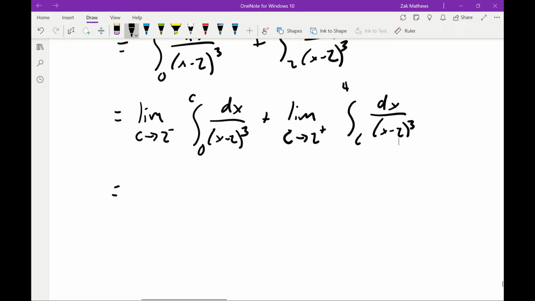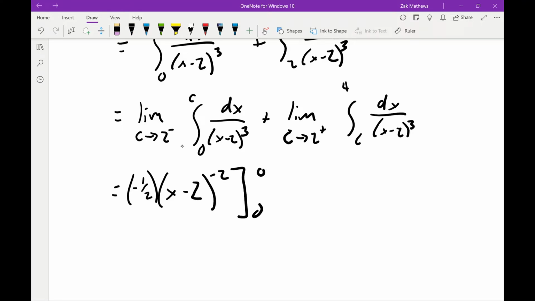And so when we go to take our antiderivative, we'd have x minus 2 to the negative 2, meaning we need a negative 1/2 coefficient. No more dx, sorry, I need the 0 to c. And the other thing I need, and I cannot forget it, is that limit statement. If I drop that limit statement, I've made a huge error.